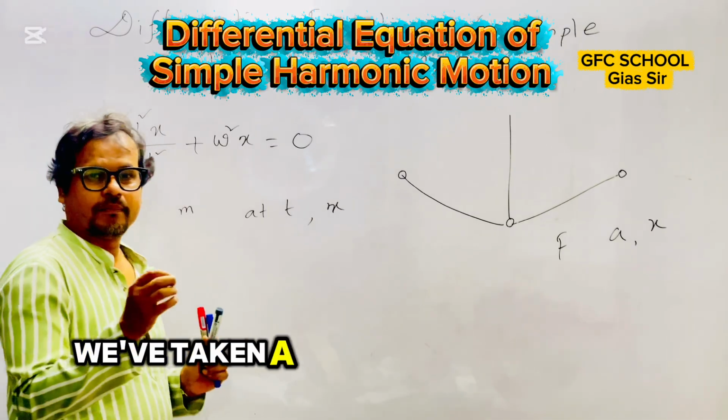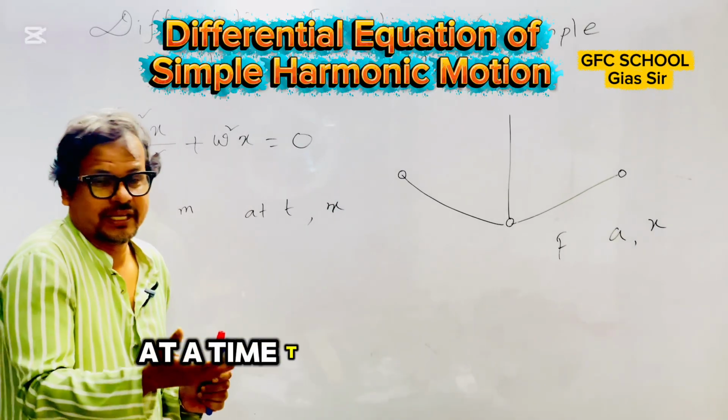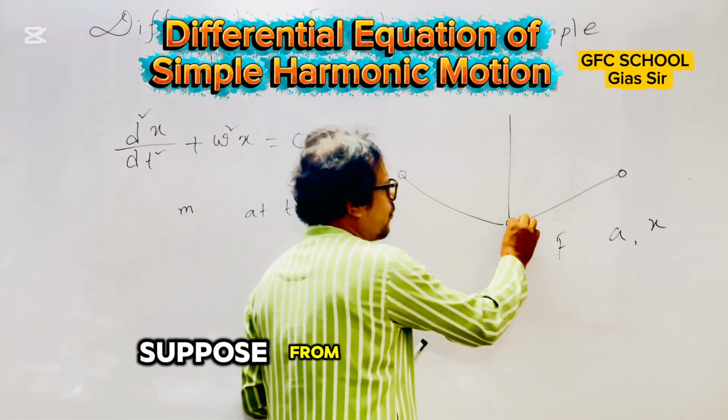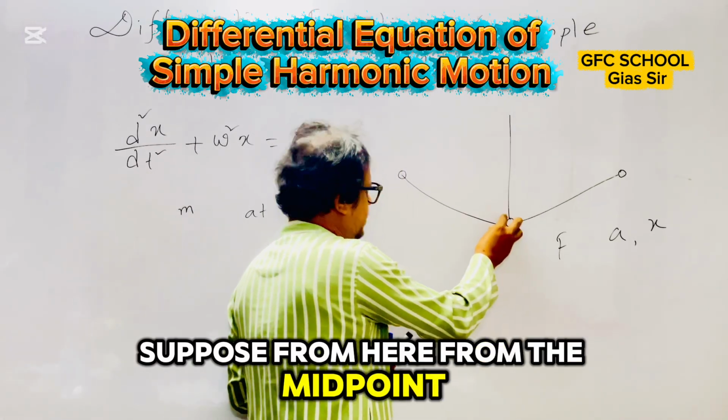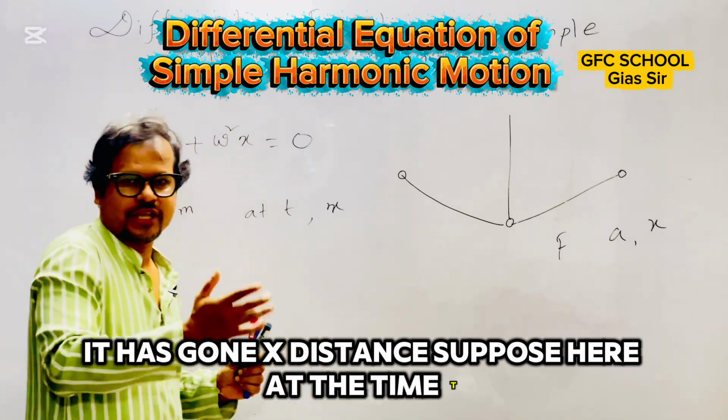We've taken a particle whose mass is m, and at time t, it has displaced x distance from the midpoint, suppose here, at time t.